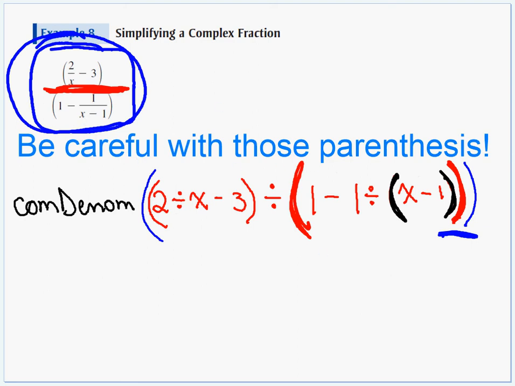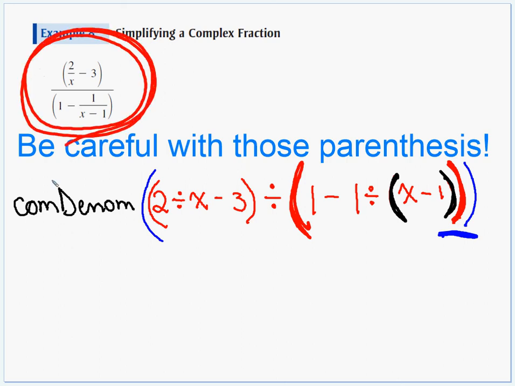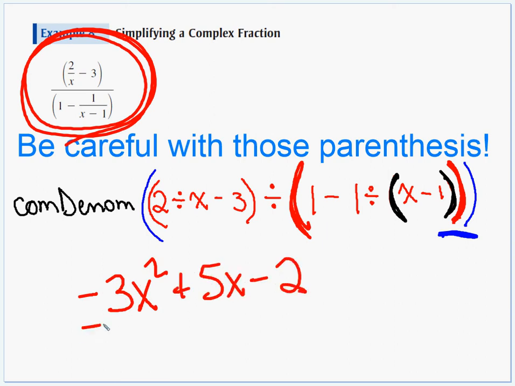You should be able to look in your display, and it should look very much like that, if you've typed in everything right and your grouping symbols are good. The answer that comes out is negative 3x squared plus 5x minus 2 over the denominator x squared minus 2x.